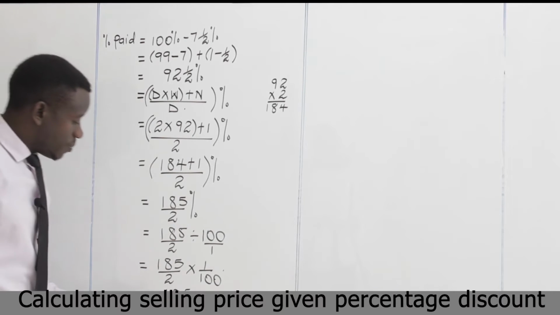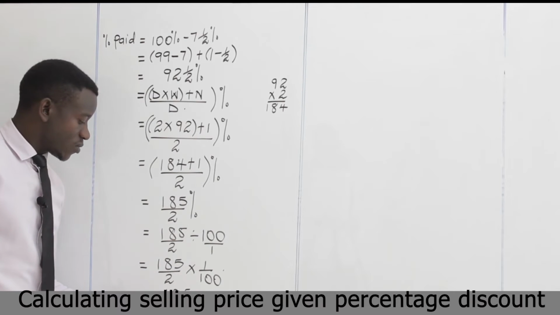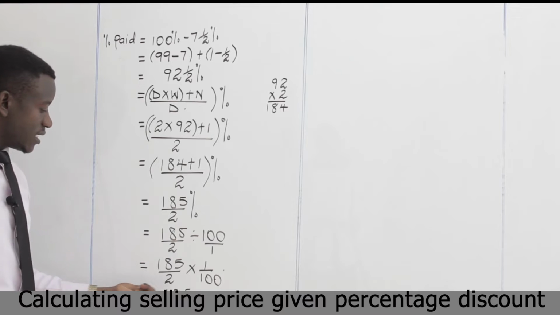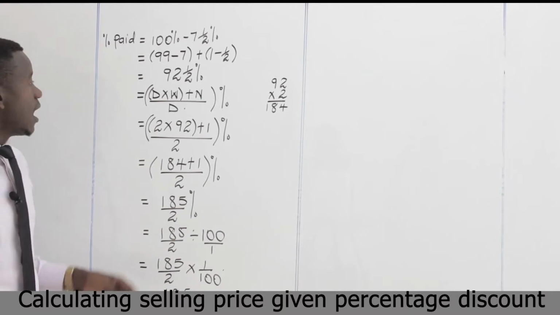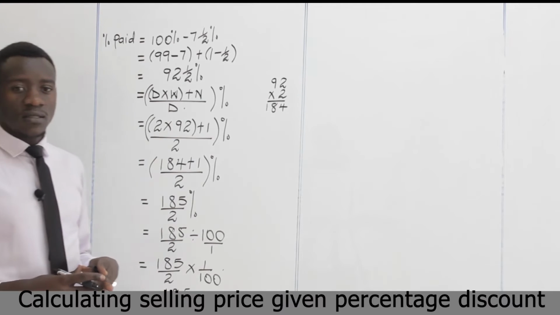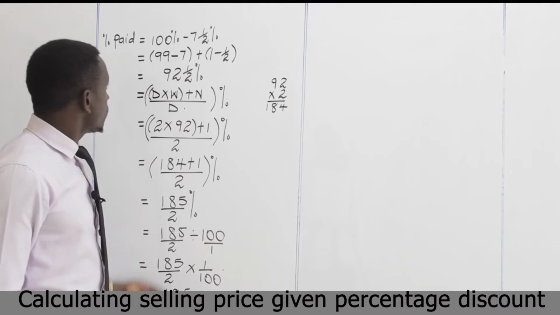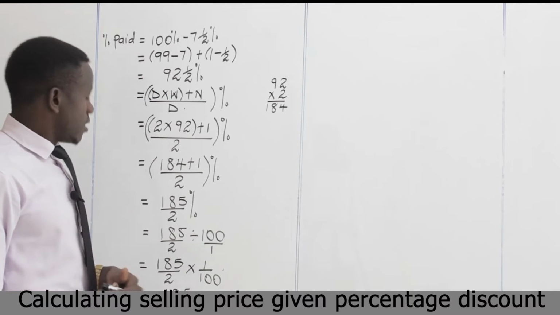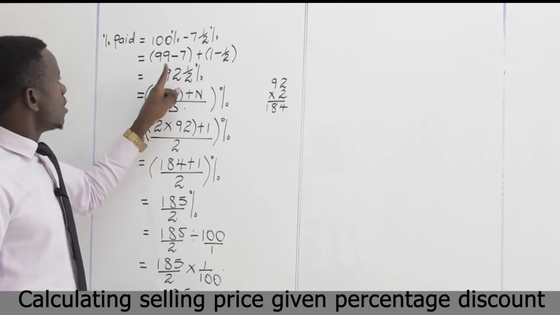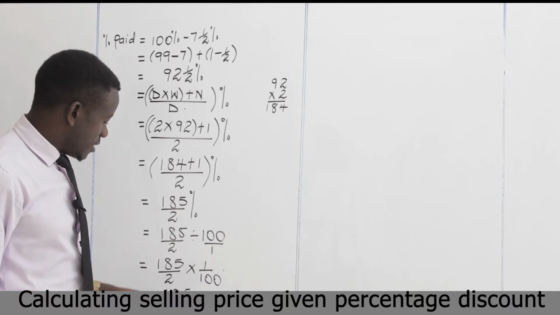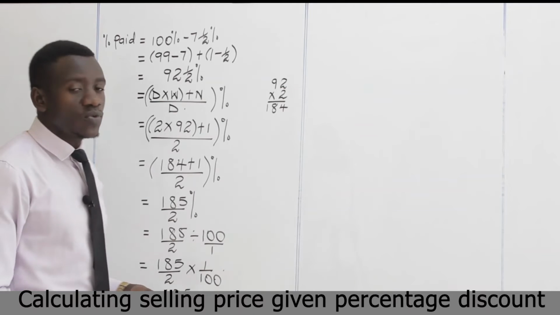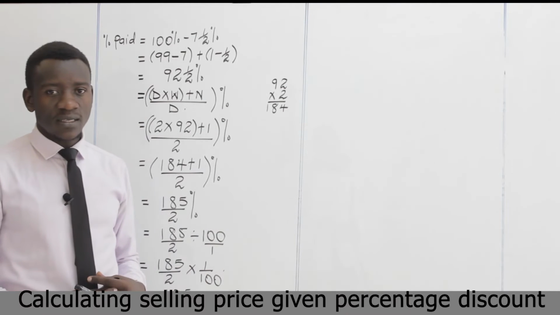So meaning he paid an equivalence of 185 out of 200 as the price which represents this 7.5%. Now, our next step is to look for the selling price.